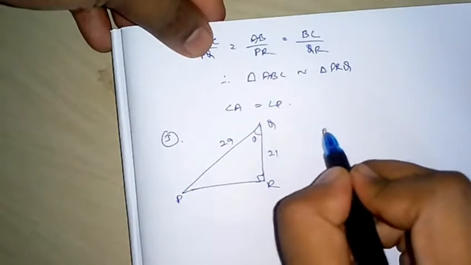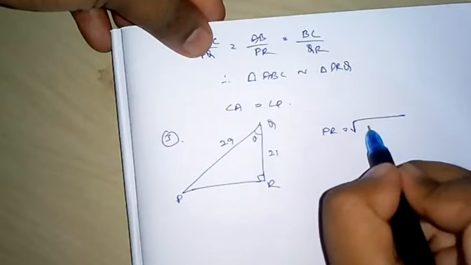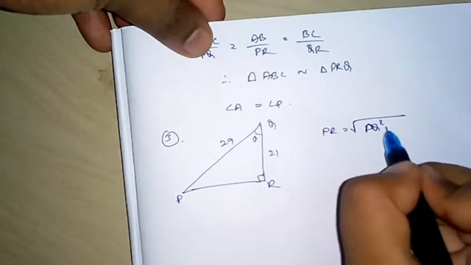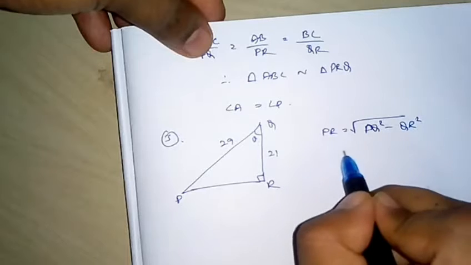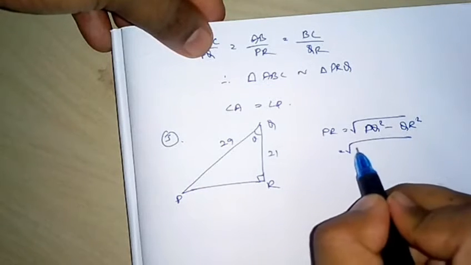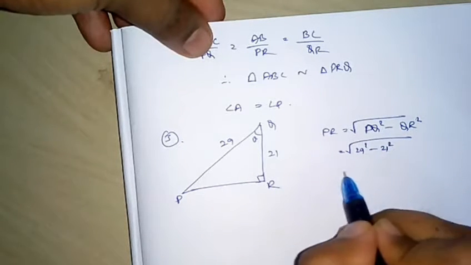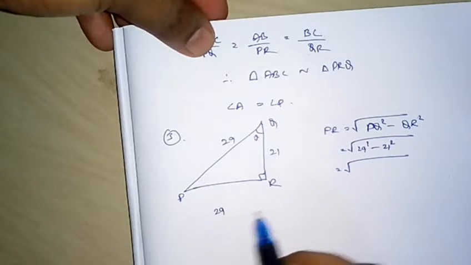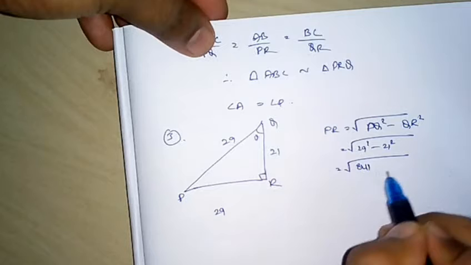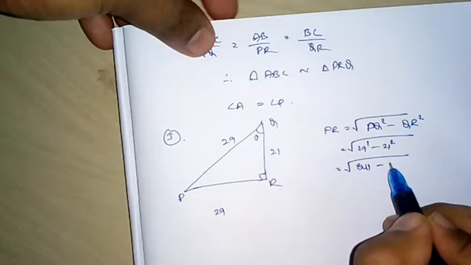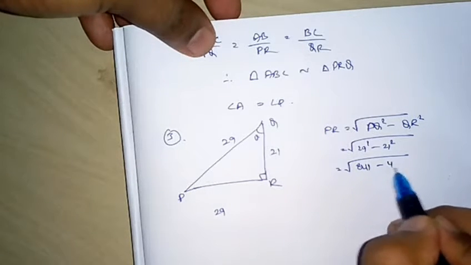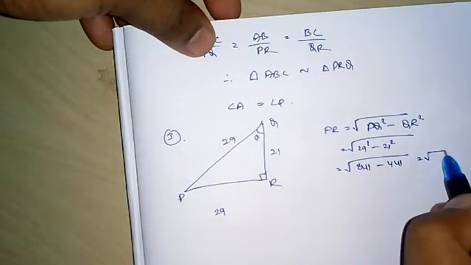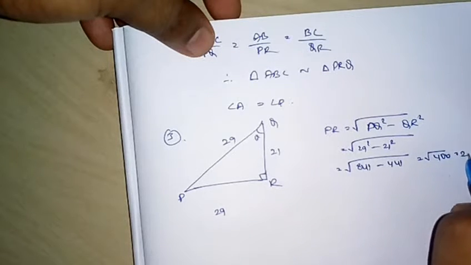Using Pythagoras theorem, PR will be under root of PQ square minus QR square, which will be equal to 29 square minus 21 square. 29 square is 841 minus 21 square is 441. So this will be equal to root 400. Root 400 is 20.